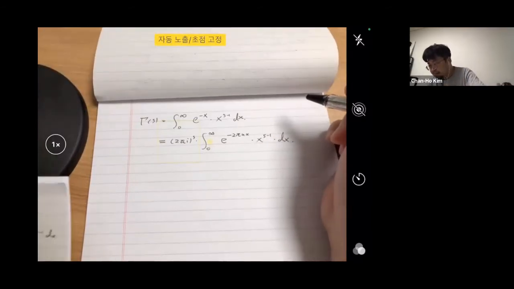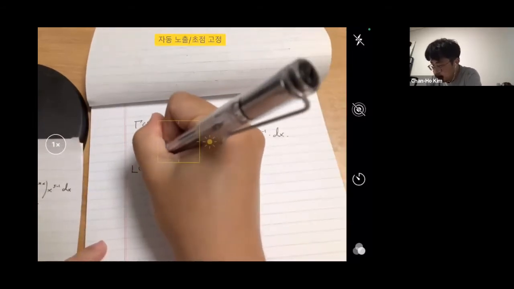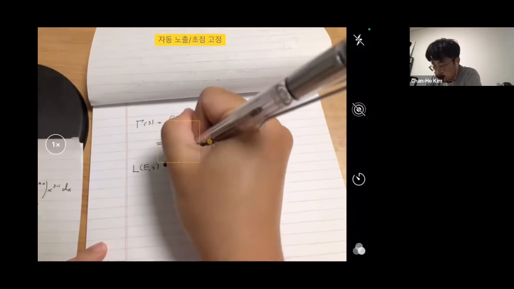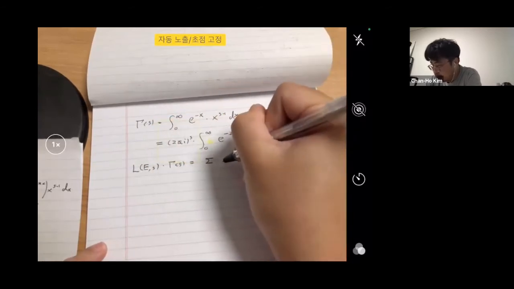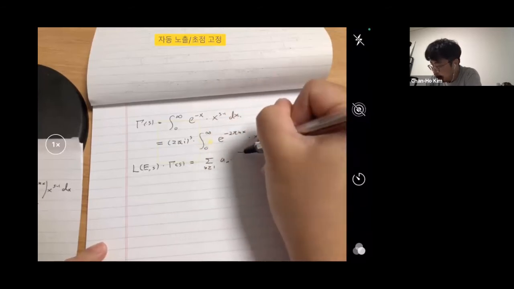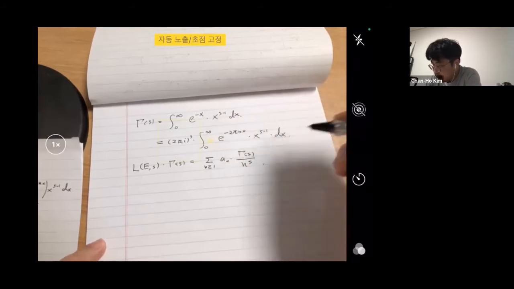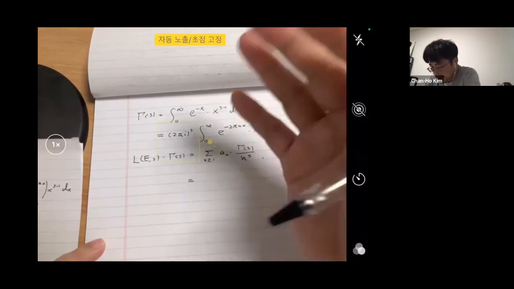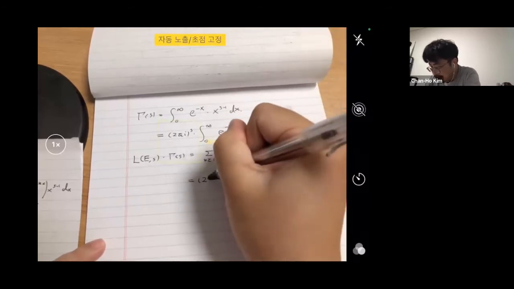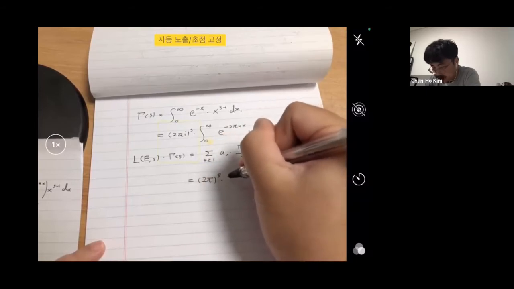Multiply the L function and the gamma function. Just formally writing it down, we have this. As I said, I ignore all the convergence issues and freely change the order of the infinite sum and the integral.